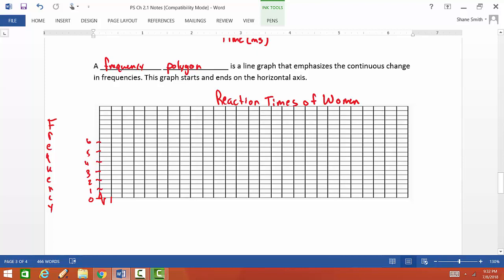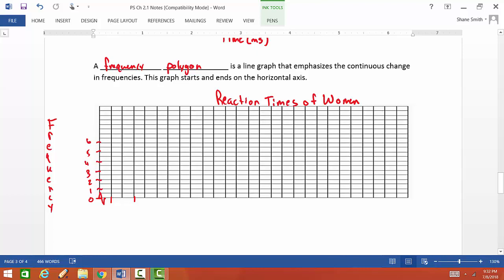Now, here's also the thing. The frequency polygon actually creates two, what I like to call pseudo classes. So, you're going to create a tack mark, but your first midpoint is actually going to be after that first tack mark.